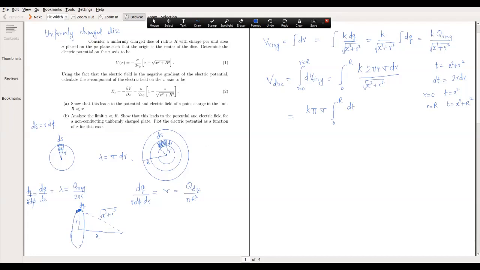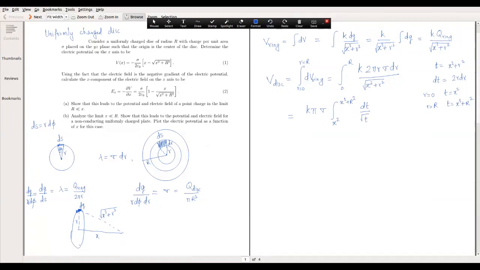I should also replace my limits. The lower limit in terms of t is x squared, and the upper limit, when r is equal to capital R, is x squared plus R squared. Rewrite the rest in terms of dt, so that's dt over square root of t.